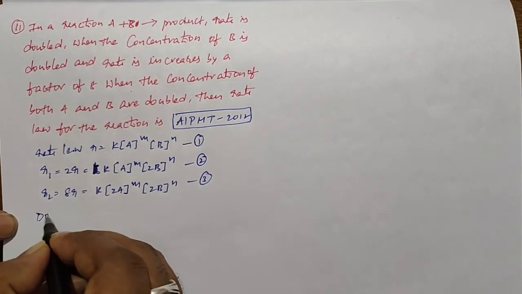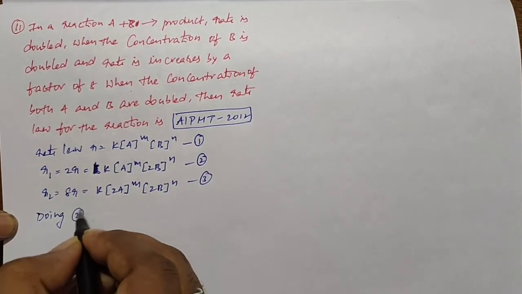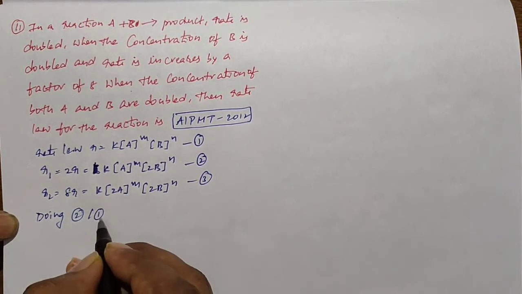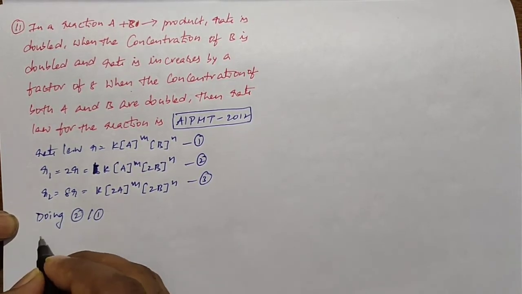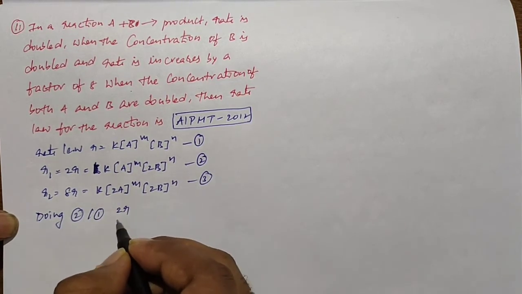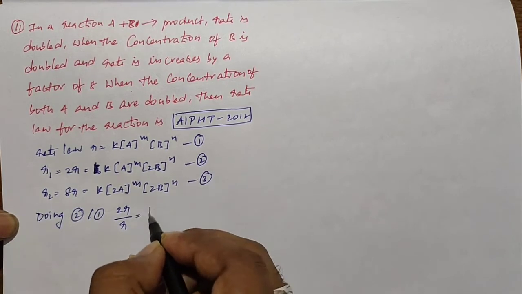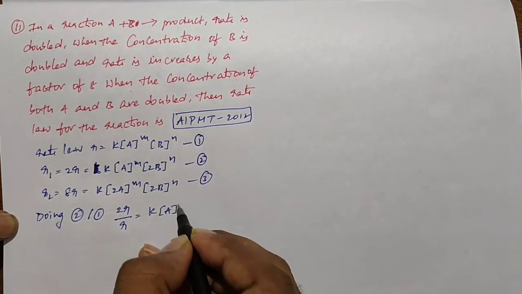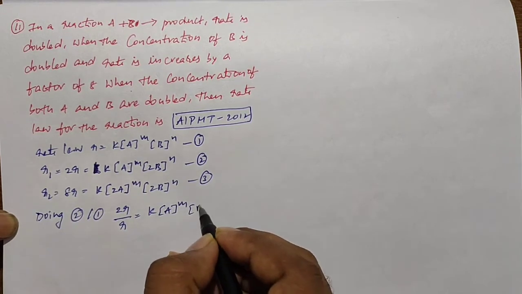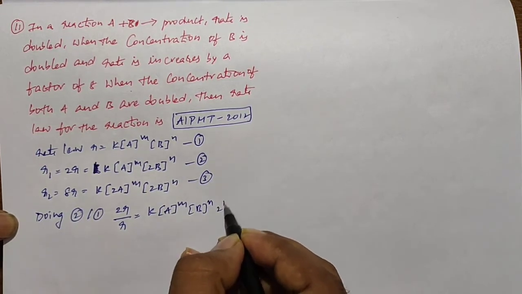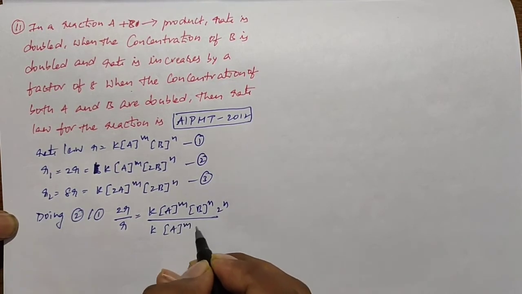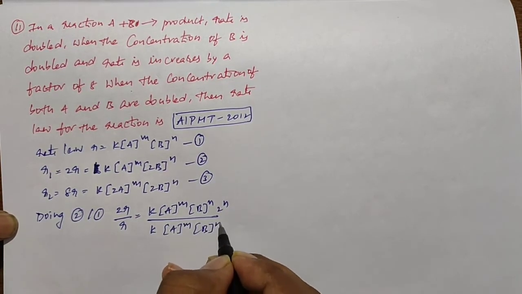Doing 2 by 1, equation 2 is divided by equation 1. Then we get 2R by R is equal to K into A power m into 2B power n, which we can write as B power n into 2 power n, divided by K into A power m into B power n.